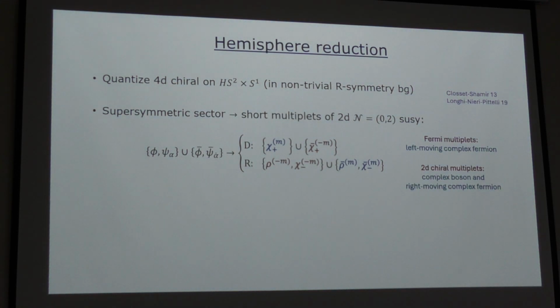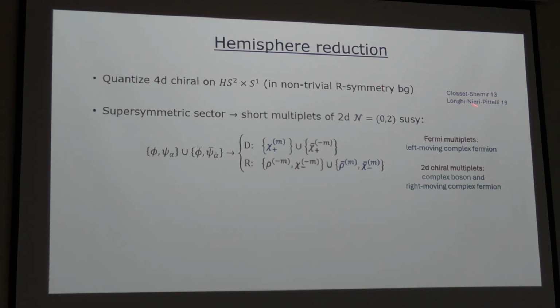We already discussed in some of the questions: we're going to quantize the four-dimensional chiral multiplet on a hemisphere times a circle. And to preserve supersymmetry, we have to do this in a non-trivial R-symmetry background.